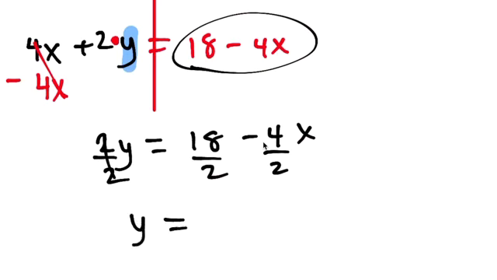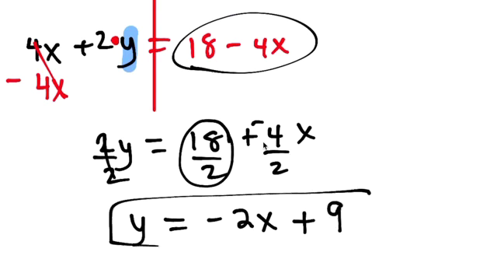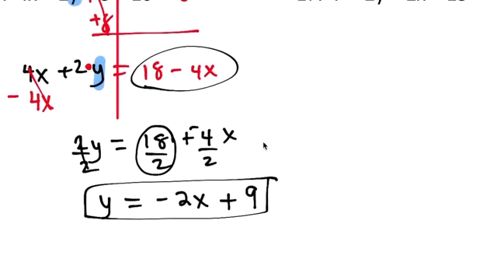Y equals this is a negative 2x. Put it in slope-intercept form. That's a positive, so we put a plus 9. If you leave it, y equals 9 minus 2x, that's fine too.